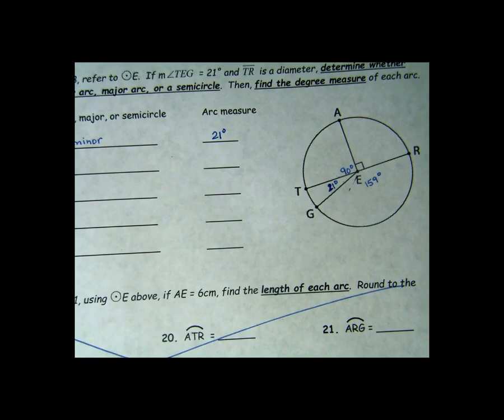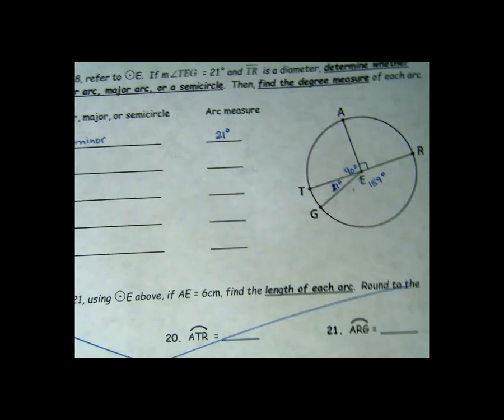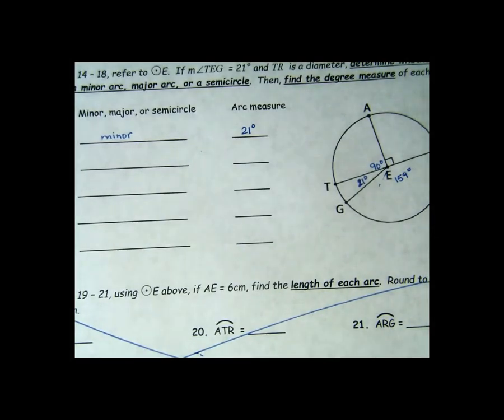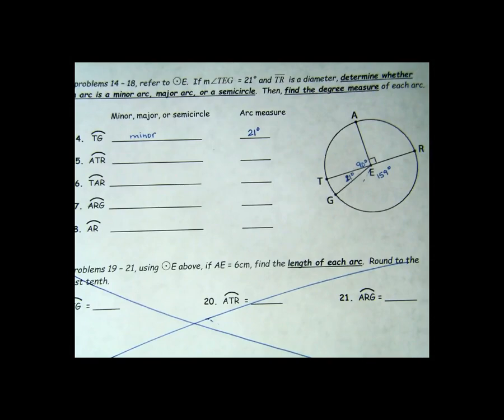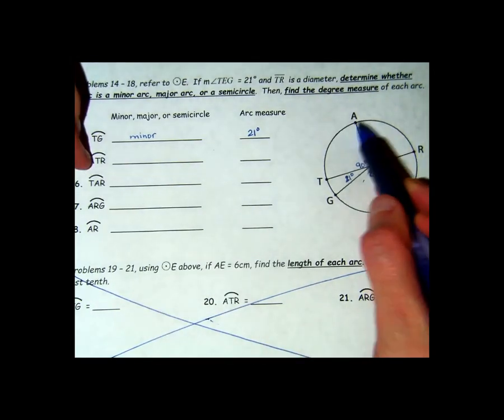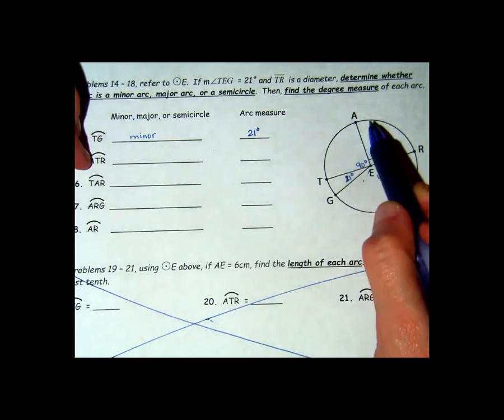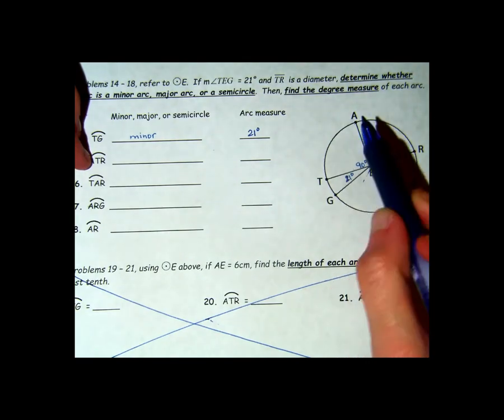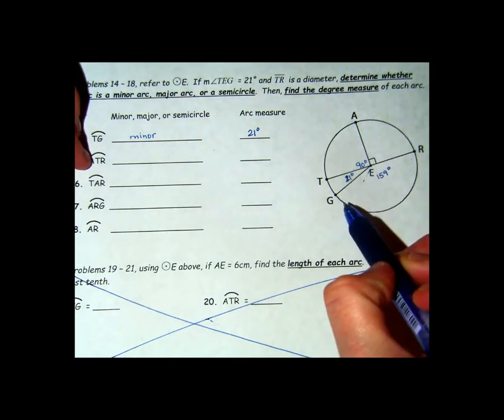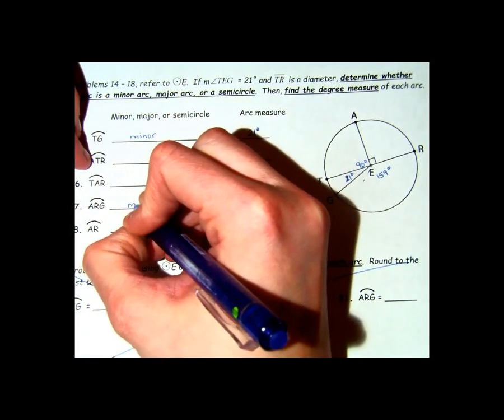Let's skip down and talk about 17. 17 says ARG. Go in the order, ARG. Is that a major or minor or a semicircle? Definitely a major arc.